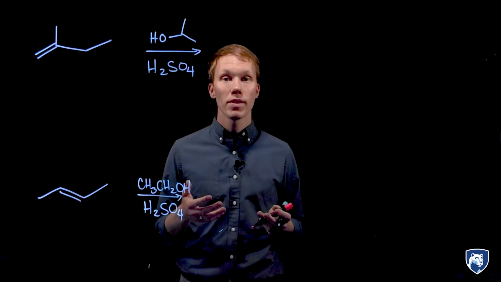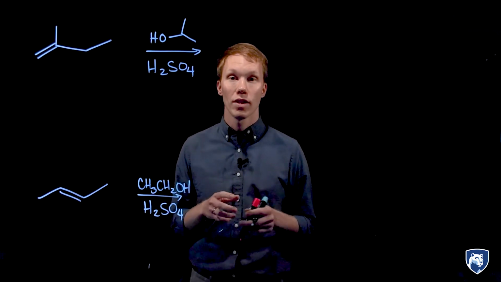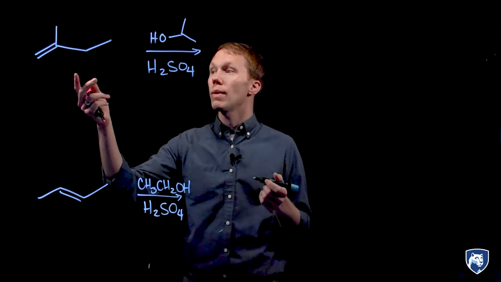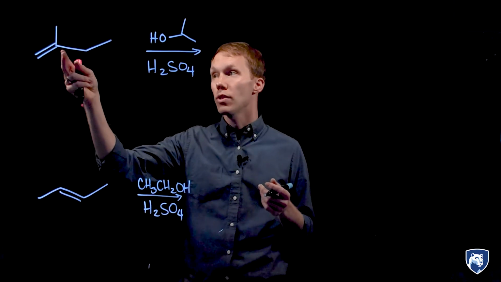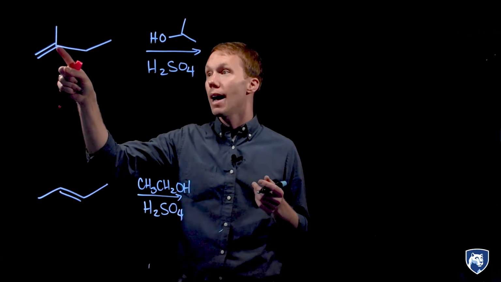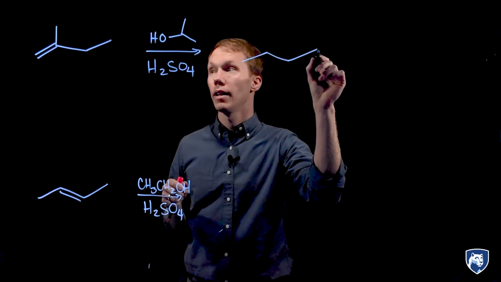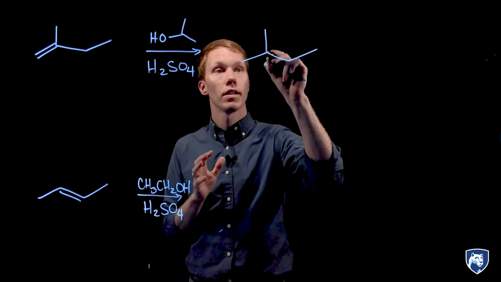Let's look at a few examples to better understand the regio and stereochemical outcomes of the addition of alcohols to alkenes. In the first example here, we have a terminal alkene that is disubstituted at 1 carbon. So we have our choice between producing a tertiary ether linkage.